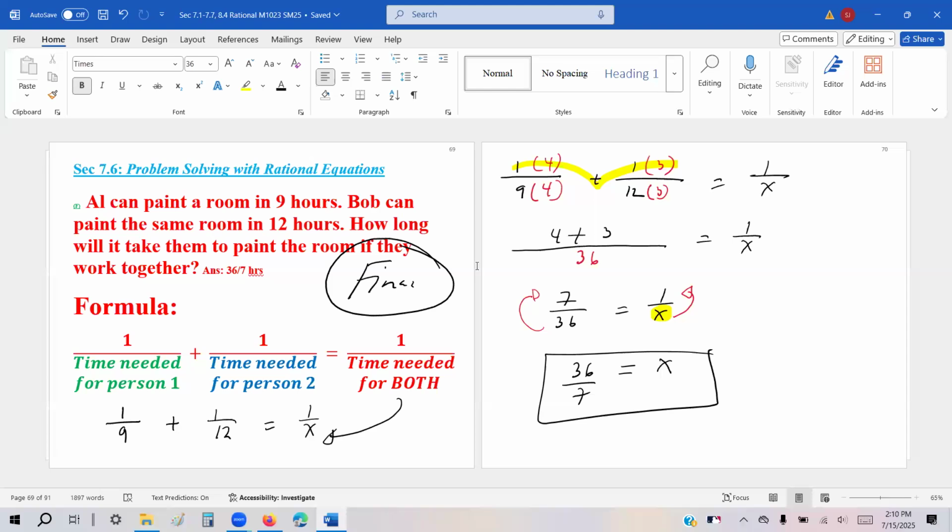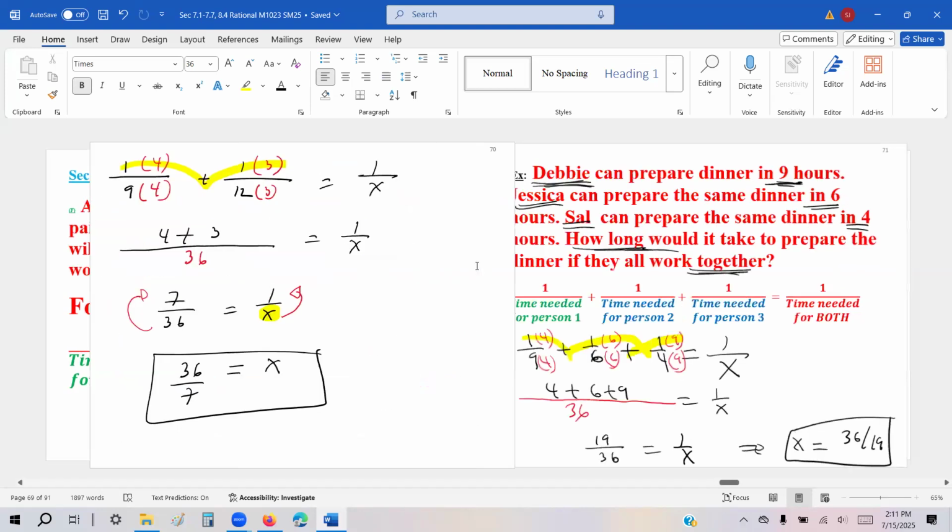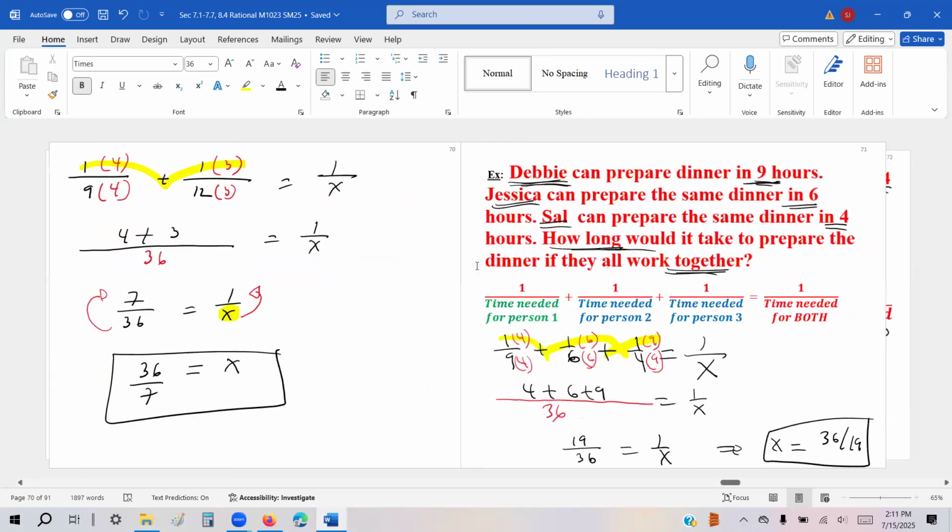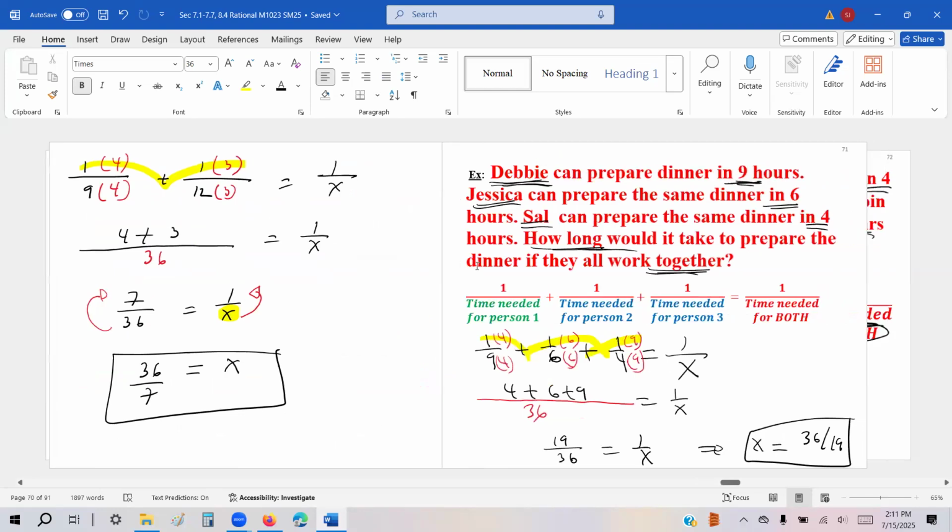Whatever you don't know, that's x. Based on that, you get your equation. Second thing, make the equation. The third thing, keep 1 over x on one side, everything else on the other side, and then flip it once you add or subtract. Okay? So it doesn't matter which scenario you see, that's all you have to do.